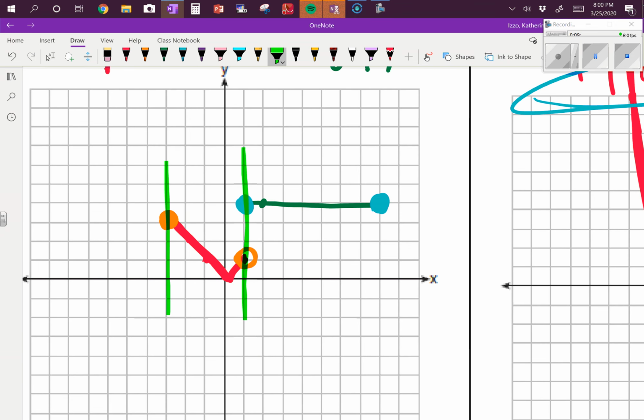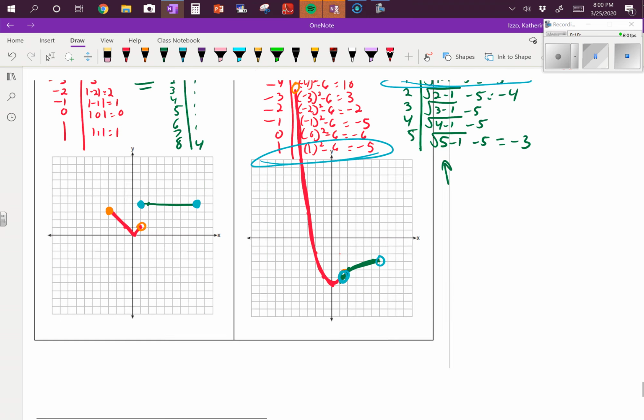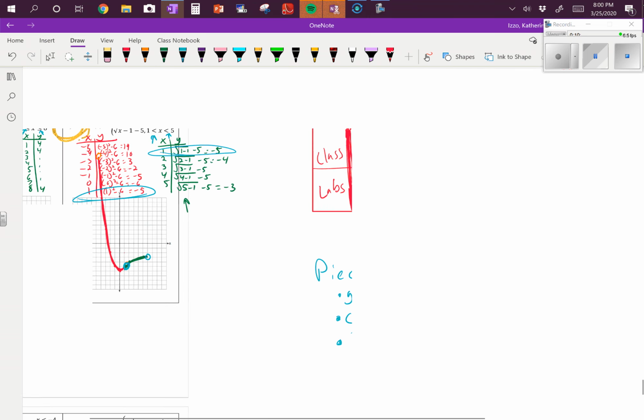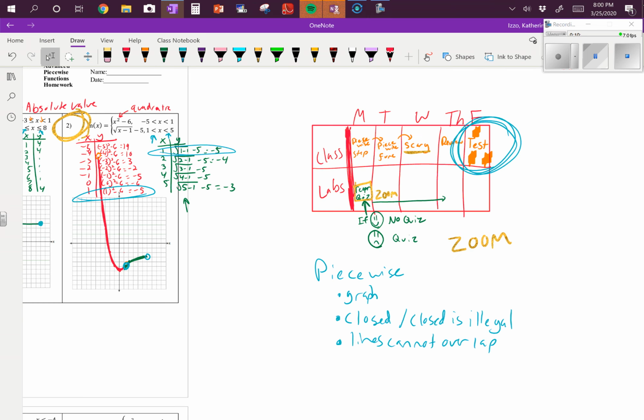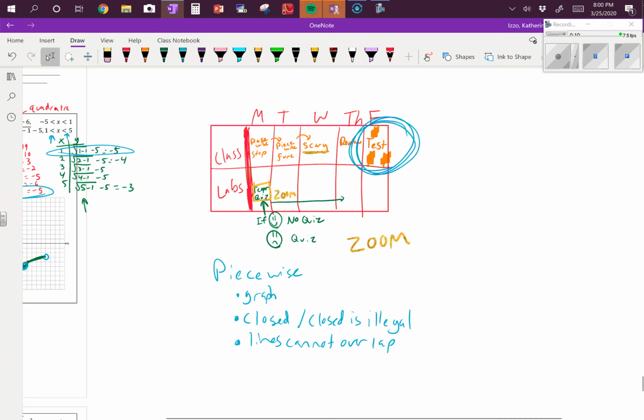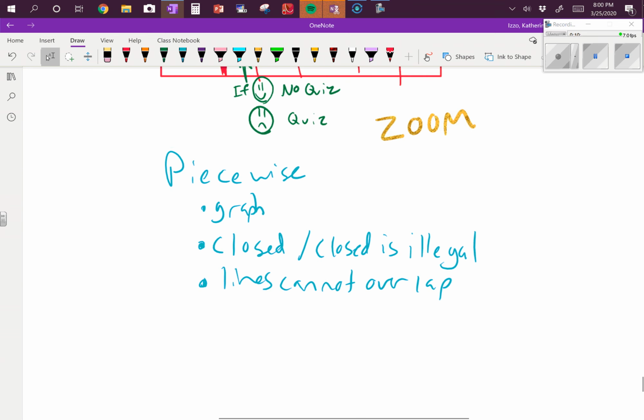This guy can't start until this guy is done. I cannot have an absolute value and then a line underneath it. That's illegal. You need to only do one line at a time. You're going to need to know how to use your calculator and plug it into your calculator. That's with the graphing.